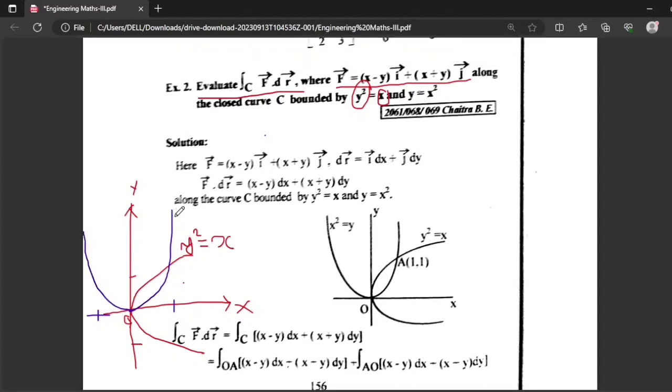So this blue one is y equals x square. You can also trace this curve with the help of this table.